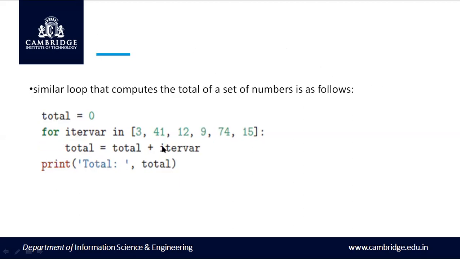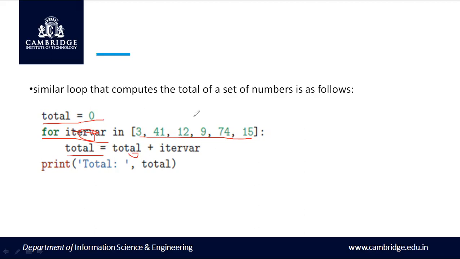Similarly, if you want to sum the numbers, you can use this particular program. Here I have used another variable called total, which is initialized to 0, and I'm also using the for loop. This iteration variable traverses through each of the items in the list. Initially total will be 0, so 0 plus 3, and that latest value will be stored in total.